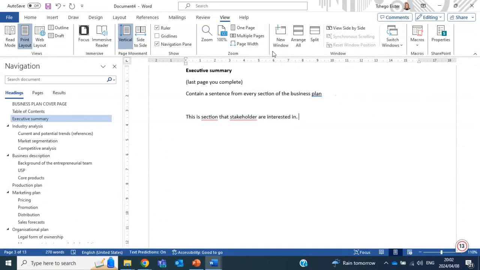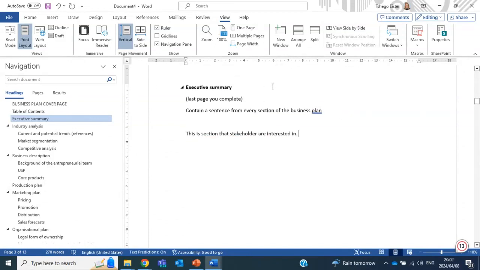If you give it to a banker and say, hey, Mr. Banker, here's my business, they're going to go to your executive summary, read it, and if they're not interested, they will just not read your whole business plan. Whereas if what they read in an executive summary is more interesting, then they're like, oh, actually, maybe this is worth looking into. So a business plan, much like a book, has to be interesting. Nobody wants to read a 50-page document of a snooze fest.